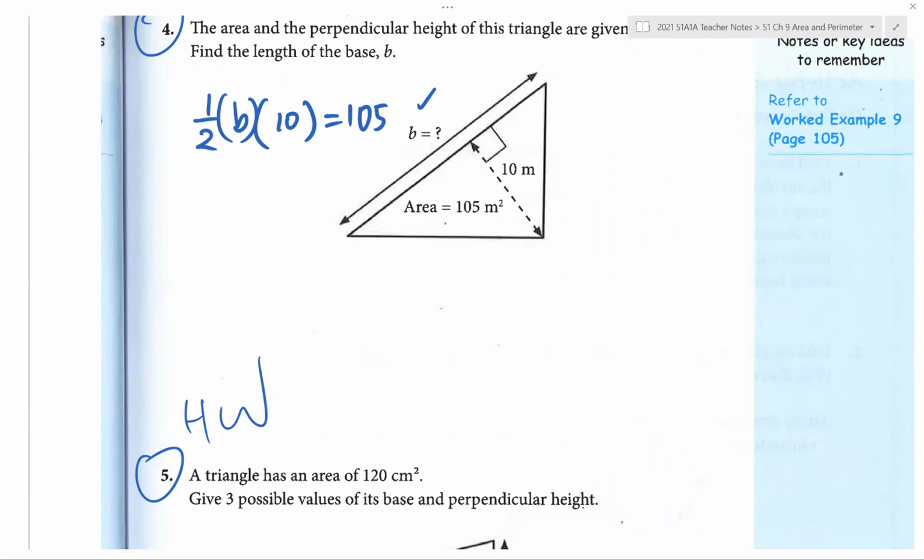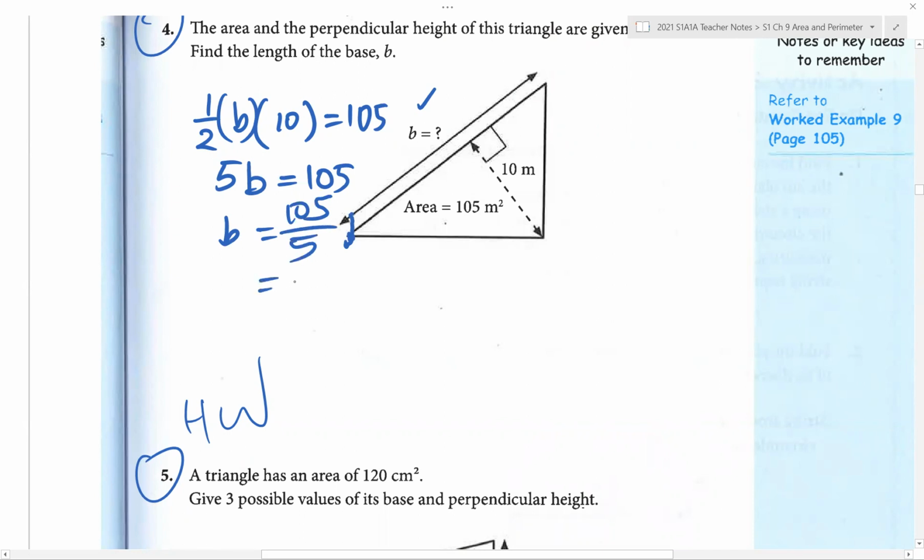Where is the 5? Yeah, okay, where did the 5 from 5B come from? 10 divided by 2, that gives us 5B. 5B equals 105, and therefore B must be equal to 105 over 5, 21. Okay, thank you. You can sit down. So B has the value of 21 meters.